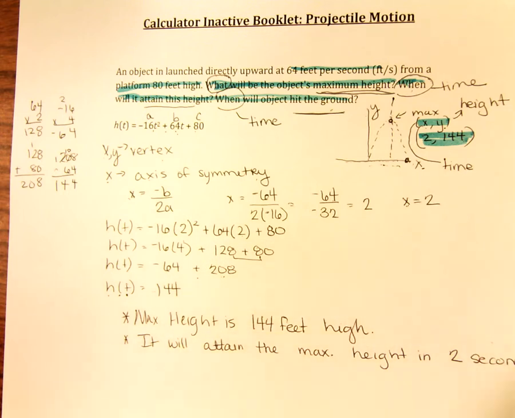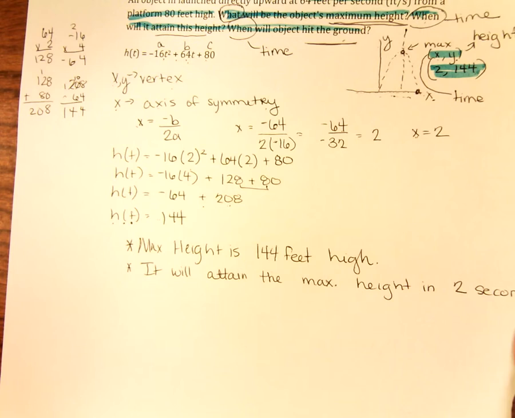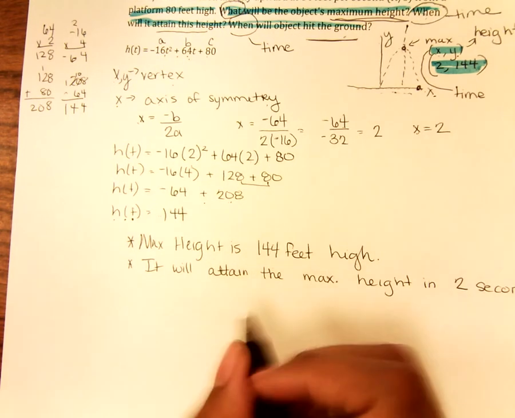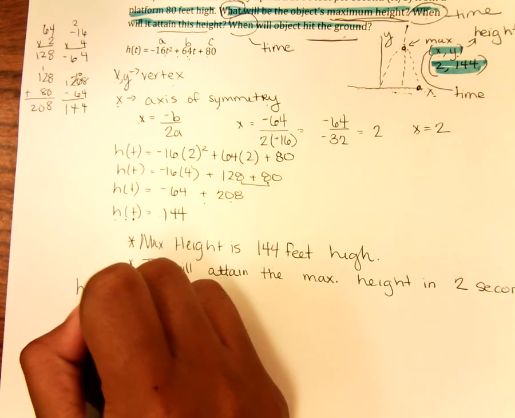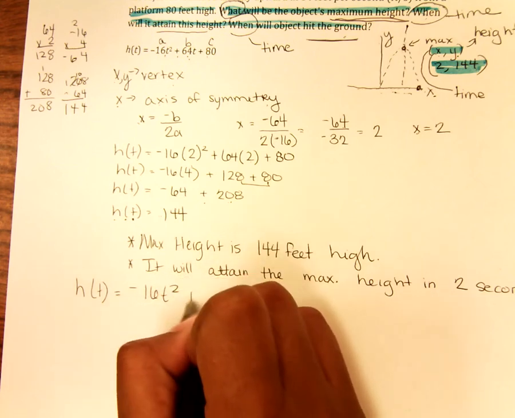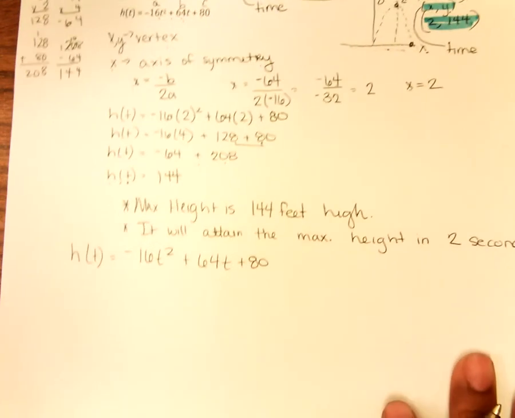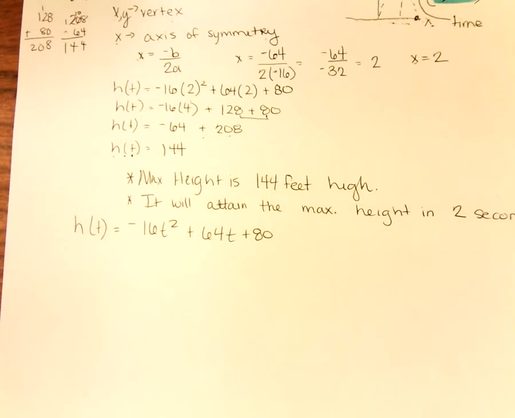So that is what I'm going to do, and I'm going to move the paper down a little bit so you can see. What I'm going to do, I'm going to rewrite the problem. So H of T equals negative 16t squared plus 64t plus 80. Go ahead and move that back down.